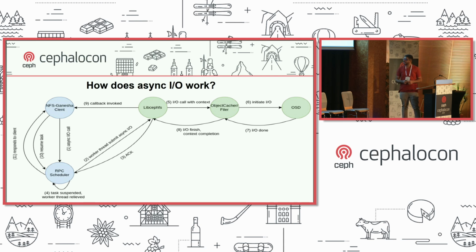Once that is done, it acks back the NFS-Ganesha client, which makes the RPC scheduler suspend the task and free the worker thread. And if we take a look at what's going on at the Ceph side, we have Libcephfs sending the call to the object cacher or filer with context, obviously. So context over here is a callback mechanism in Ceph. So the object is passed with the I/O call, which basically then does an underlying Rados call for the I/O.